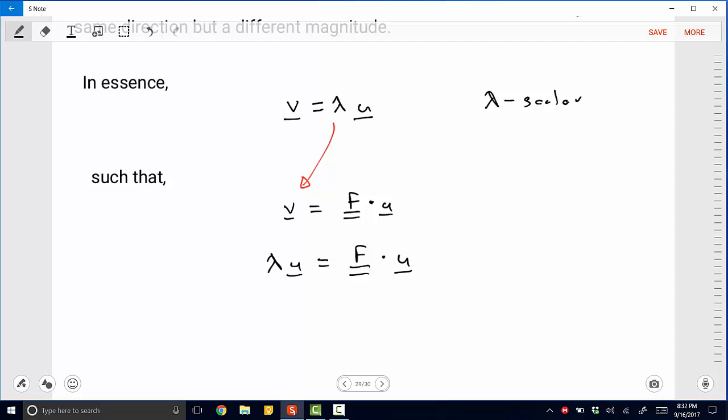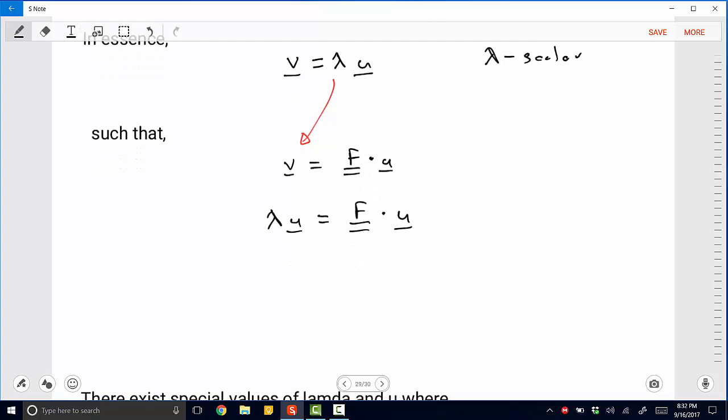Now with this knowledge, if we move everything over and set it equal to 0, and collect the like terms, we'll find that f minus lambda times an identity tensor, times u, is equal to 0, right? Well, our 0 is a 0 vector with zeros, right?